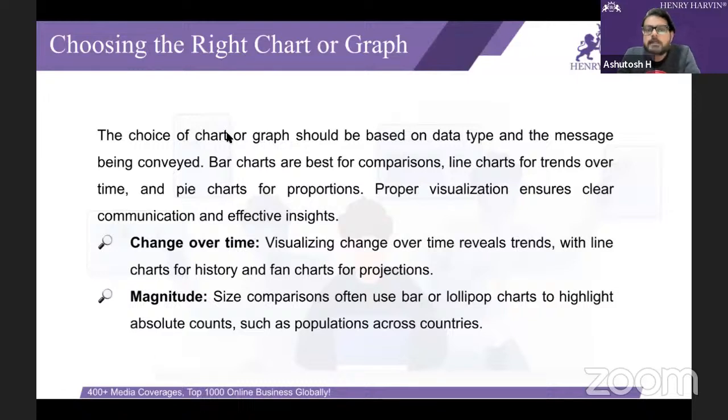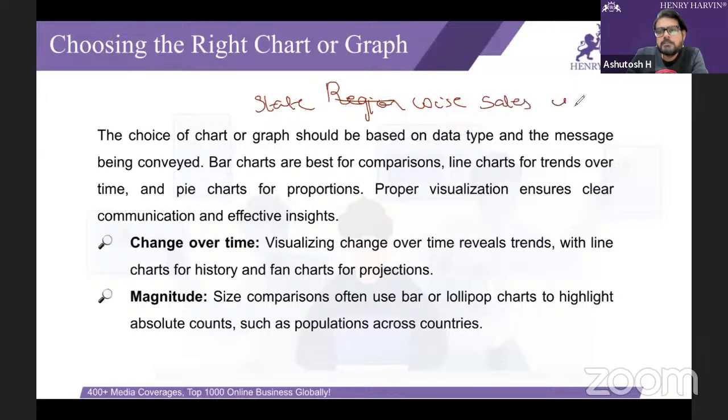The choice of the chart or the graph should be based on the data type. Let us say you are looking at state-wise sales in the US.